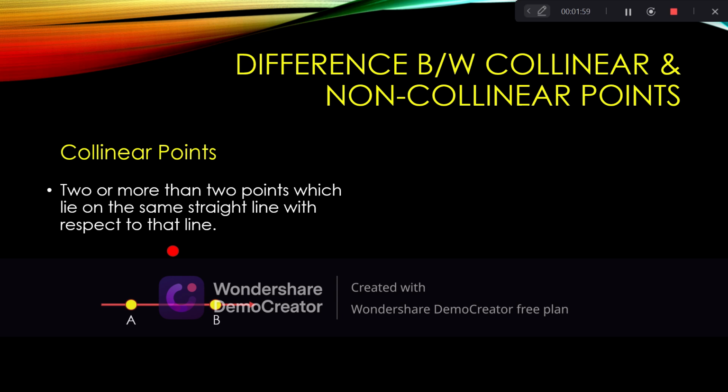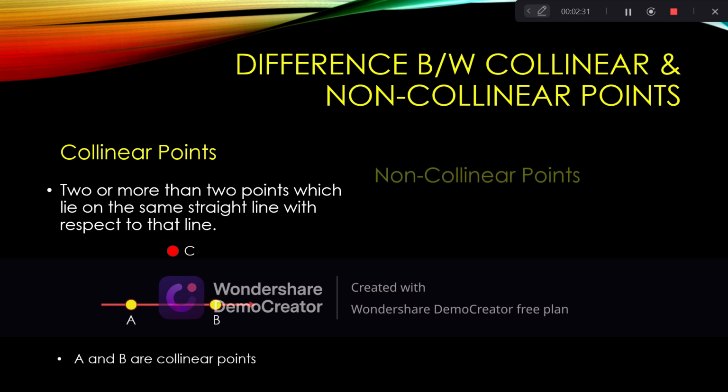So that's why point A and B are collinear points, while point C is not a collinear point. I will summarize the collinear points by writing this, that A and B are collinear points, right?